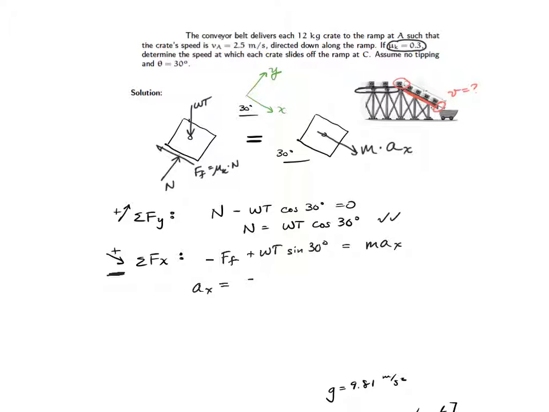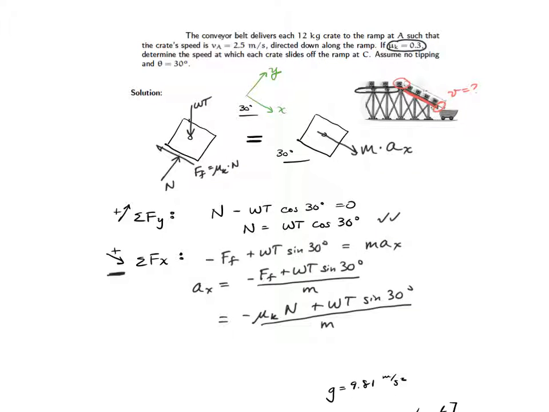That's going to equal minus the force of friction plus the weight times the sine of 30 degrees, divided by the mass. And at this point, I'm going to put in the expression for the force of friction. So it's minus mu k N plus weight sine 30 degrees, that whole thing over m.